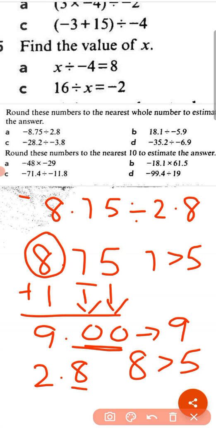So add 1 to the ones place. 2 plus 1 is 3, 3.0. Replace this by 0. So our new number is 3. So here we round the given numbers to the nearest whole number.